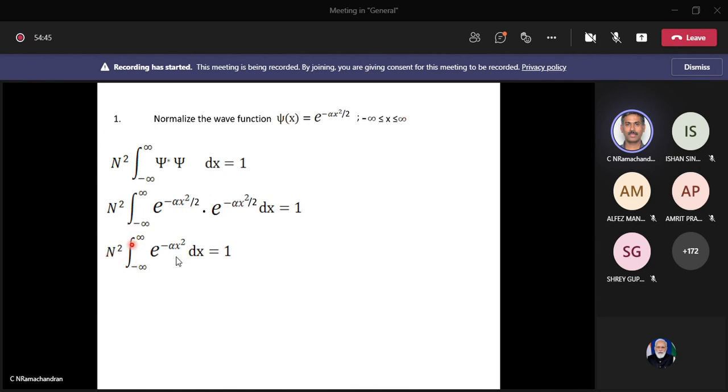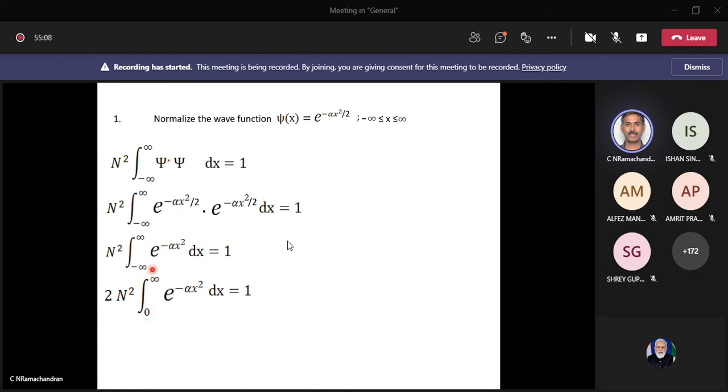Again we have n square into the integral from minus infinity to plus infinity, and you know that this is a symmetric function. So instead of minus infinity to plus infinity, I can write it as 2 times 0 to infinity. One from 0 to plus infinity and another one from 0 to minus infinity.